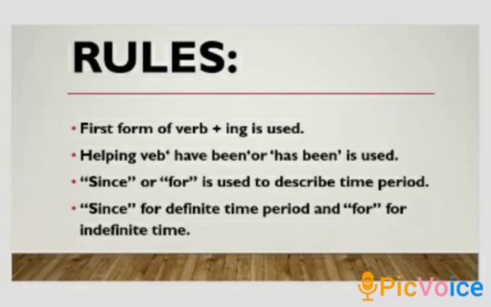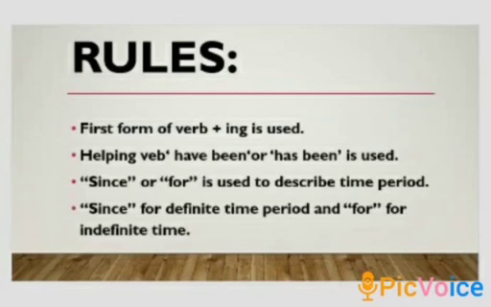Now students, let's discuss the rules of affirmative sentences. First form of verb plus ing is used here, and as helping verb we use have been or has been. We use since and for to describe the time period.